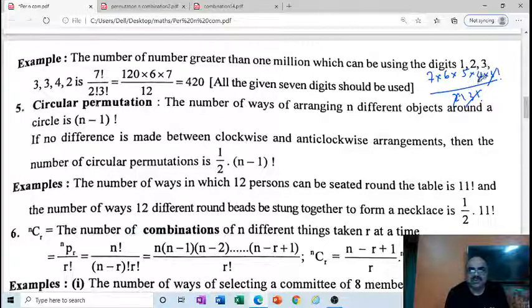Now 2 ones are 2, twos go. Now what is remaining? 7, 6, 5 and 2. 5 into 2 must be 10. Actually this should have been 10. They made it 120. So 10 into 6 into 7.